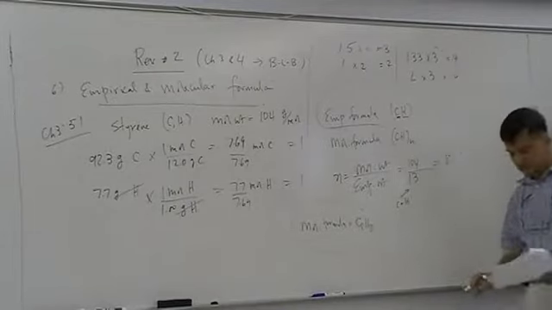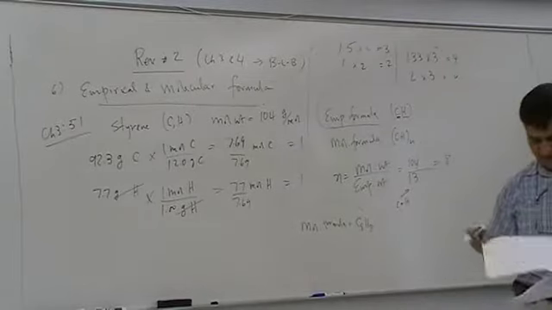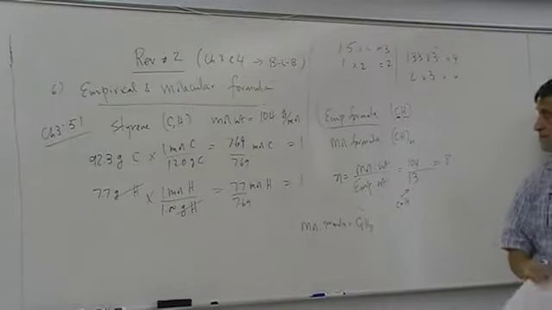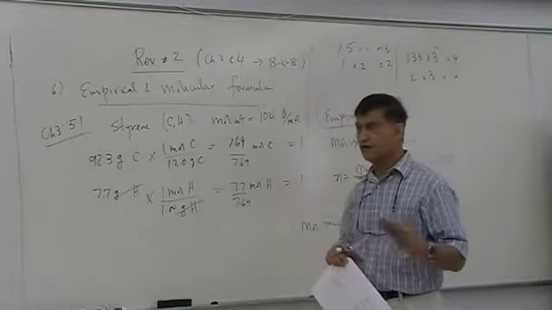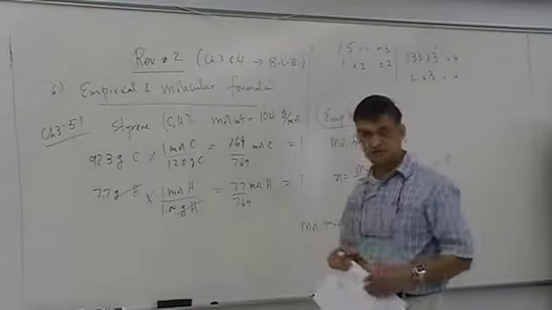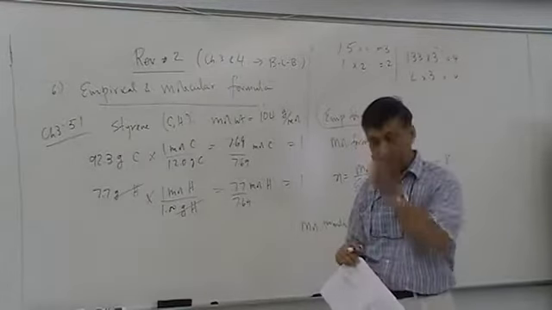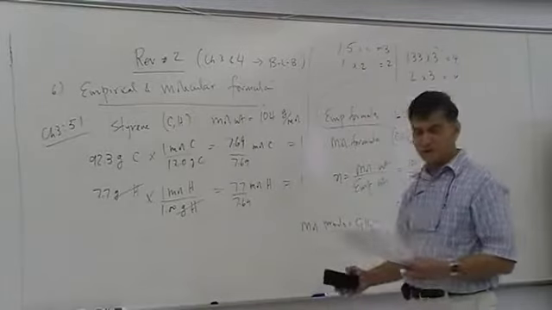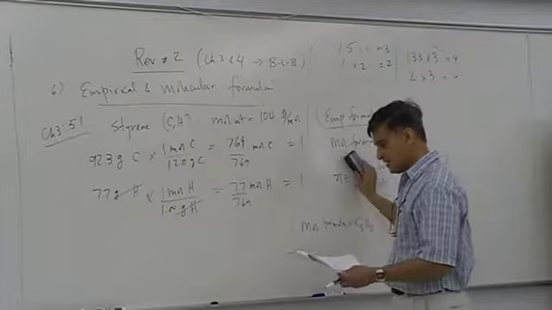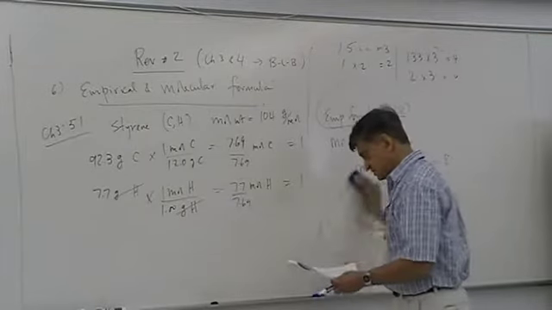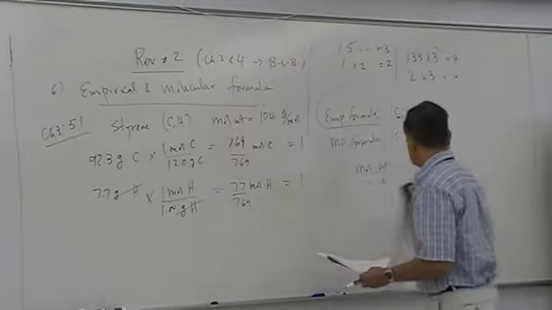So keep extra attention to this set of numbers. But we round off to 1 whenever it's really 1, like 0.995 or 1.002. Those are pretty close to 1. So this is all about empirical and molecular formula. The next type of problem that I'll go over is on single displacement reaction.